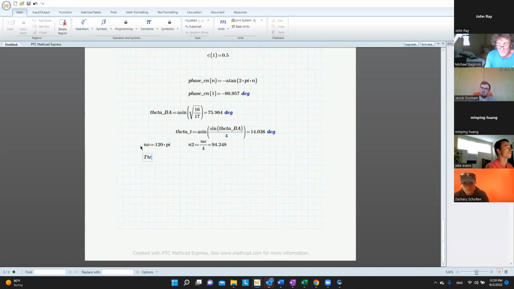I just call it gamma TE. And that's going to be equal to eta 2 times cosine of the incident angle, theta BA. Matter of fact, I'm going to do something. I'll call it that way.